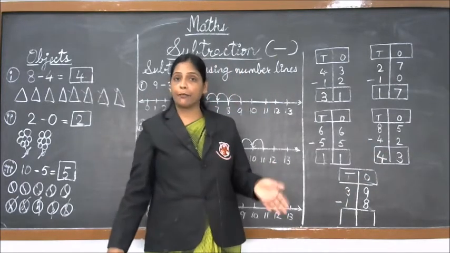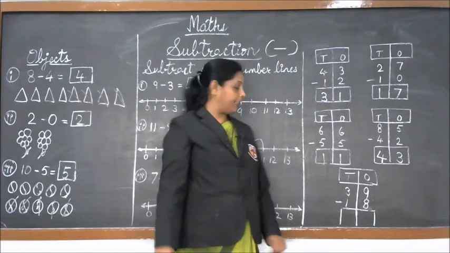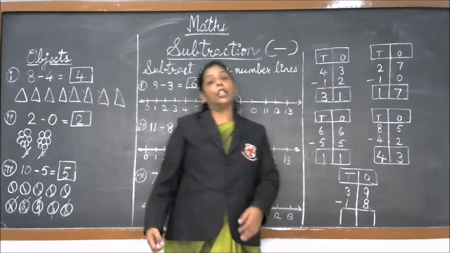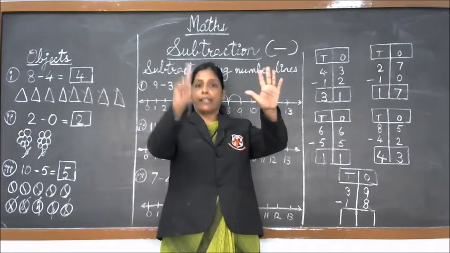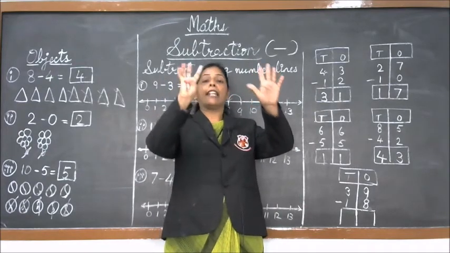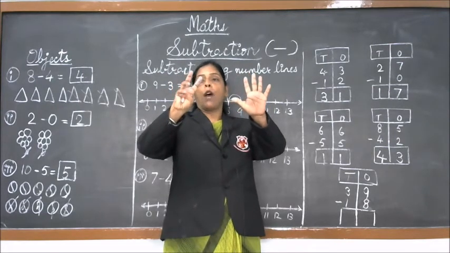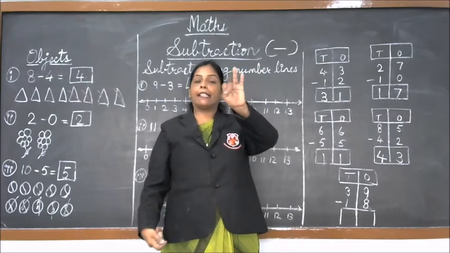Look at the last sum carefully. 39 minus 18. Here is 9 in the ones place, and out of 9 you have to deduct 8 completely. So these are 5, 6, 7, 8 and 9. Out of 9 I have to deduct 8 fingers. 1, 2, 3, 4, 5, 6, 7, 8.